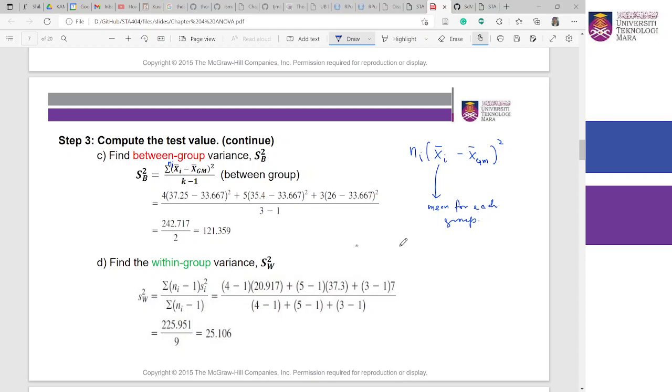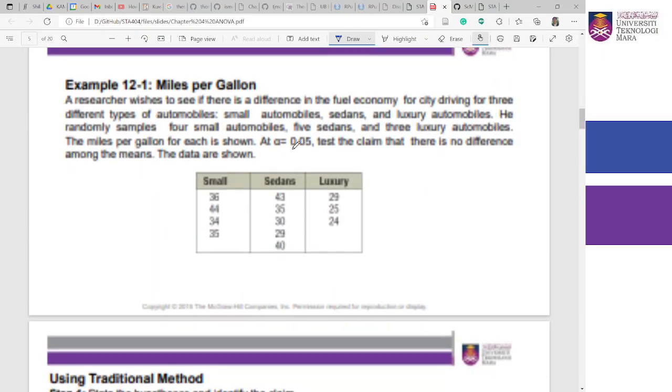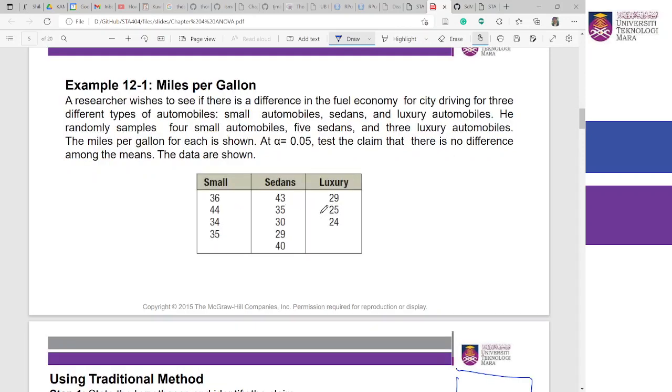So that means you have to calculate the mean for each group. Comparing with our data here, that means calculating the mean for each of the small, sedans and luxury groups. That is one way: we get each group's mean and compare it with the grand mean.